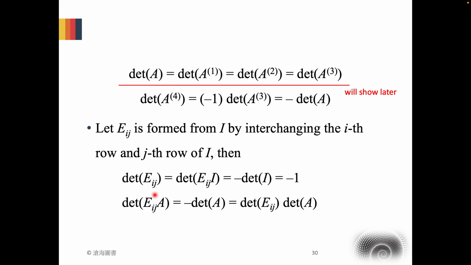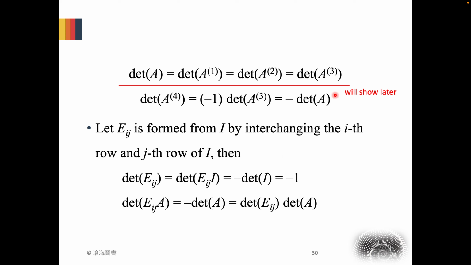Then if we interchange two rows of a matrix A, how can we implement it? We implement it with Eij pre-multiplying the matrix A, right? And how about the determinant of the resulting matrix? This makes the determinant of A multiplied by -1.